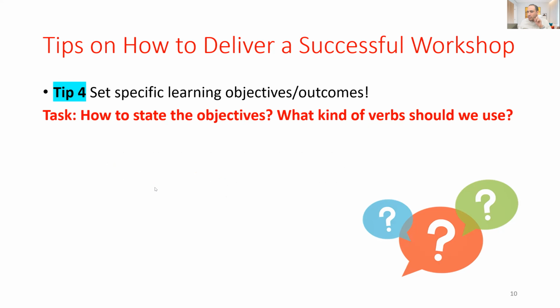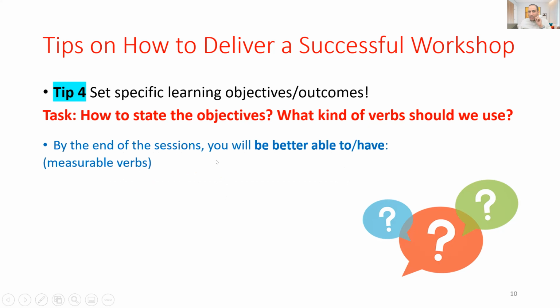What kind of verbs? Bloom's action verbs, Bloom's taxonomy. Remember this word, guys. Measurable verbs. And I have a list of some measurable verbs here. Like this, you can say by the end of the session, you will be better able to identify, or you will have identified.